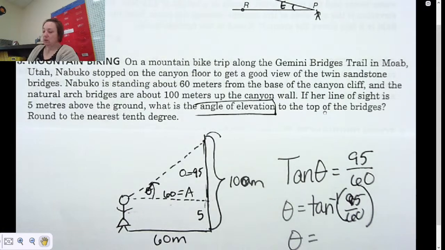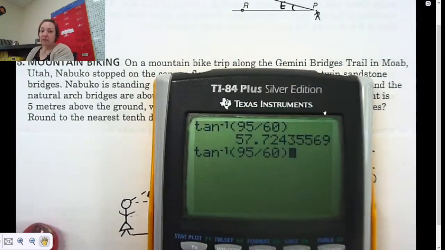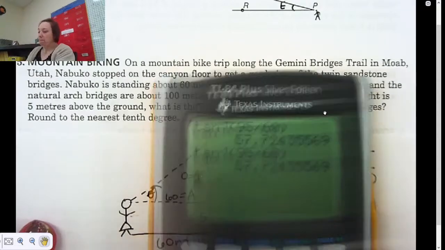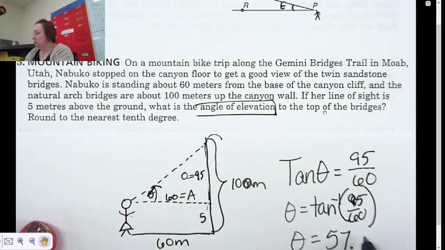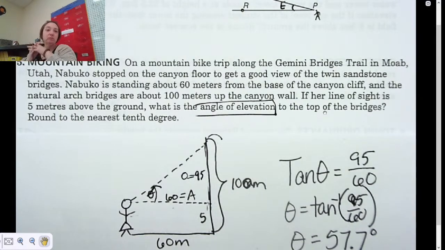I got 57. Yeah, that should be right. Okay. It should look like this. Do you see? Okay, so what is our answer? 57.7 degrees, because it's an angle measurement, right? Everybody with me?